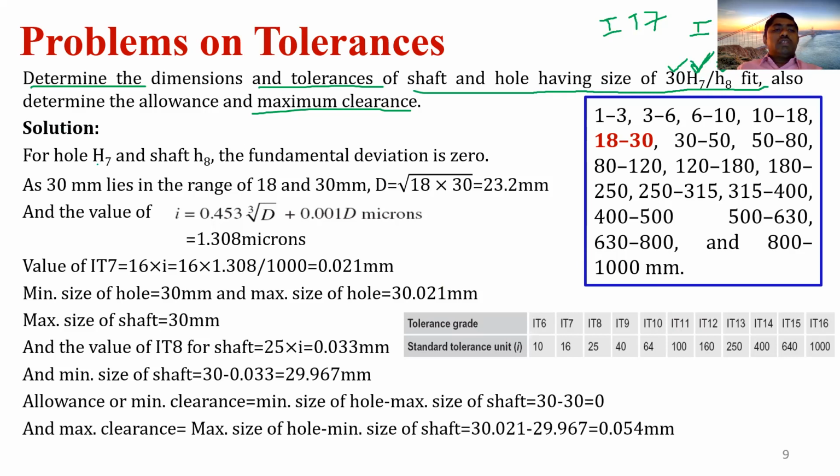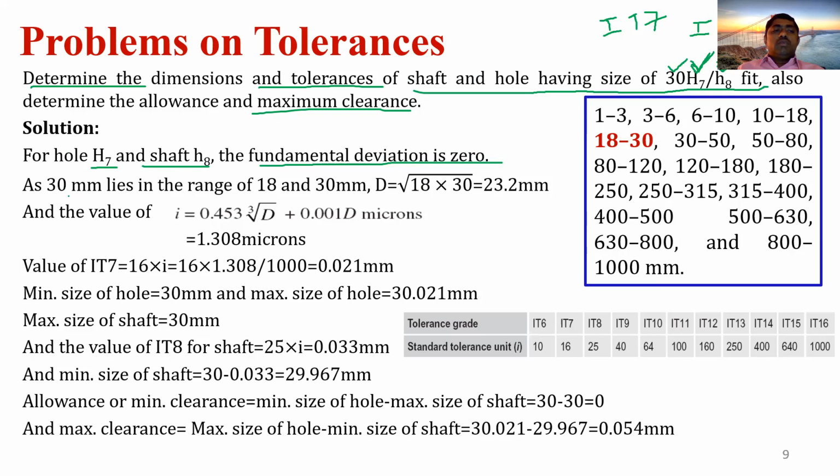For hole H7 and shaft h8, the fundamental deviation is 0. So the lower limit of the hole is the same as the basic size. Similarly, the high limit of the shaft is the same as the basic size of the shaft.